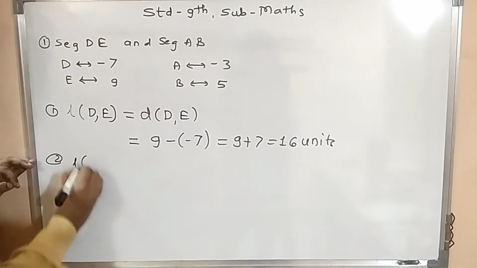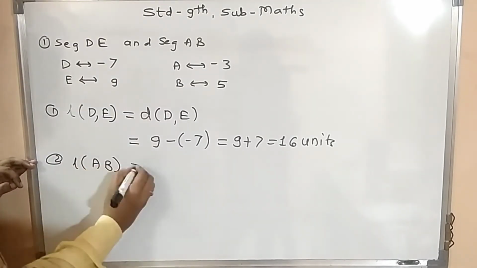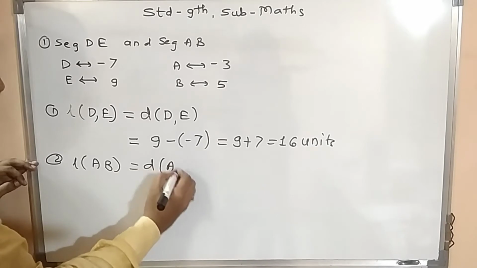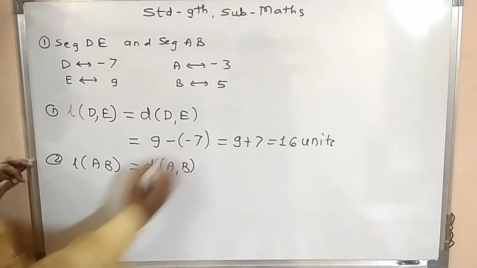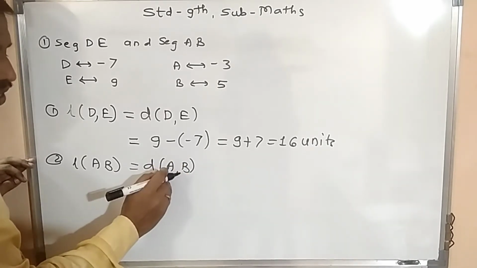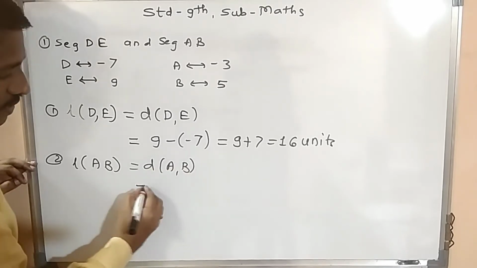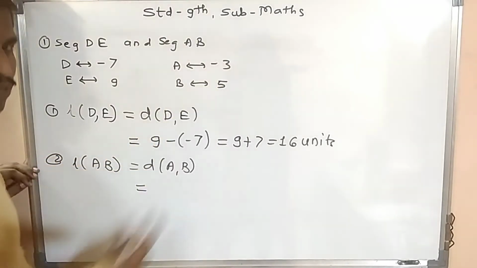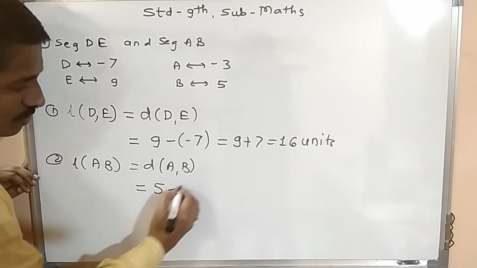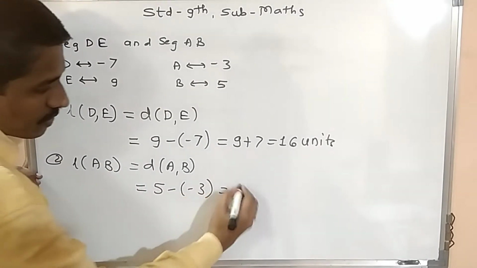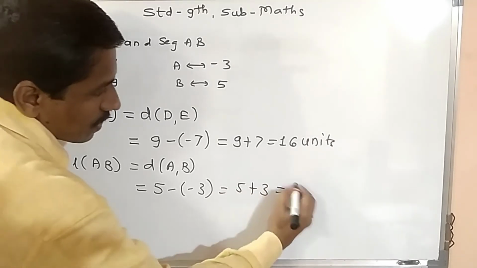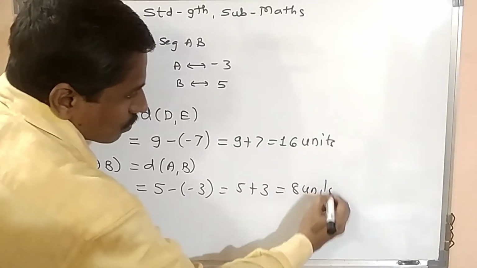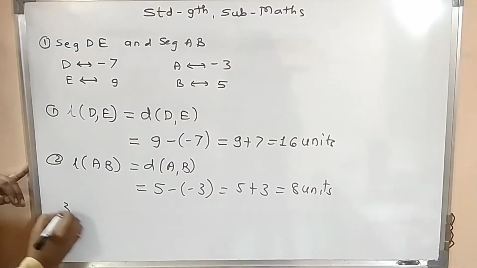Now I will find the length of segment AB. The length of segment AB is nothing but the distance between the endpoints of line segment AB, those are A and B. That is equal to greater coordinate minus smaller coordinate. Here we have -3 and 5. Which one is greater? 5 is the greater coordinate, minus -3, that is 5 plus 3, that is 8 units. What did I get?